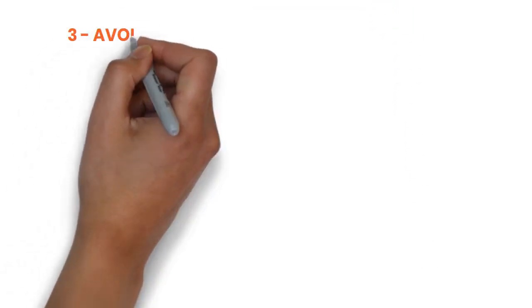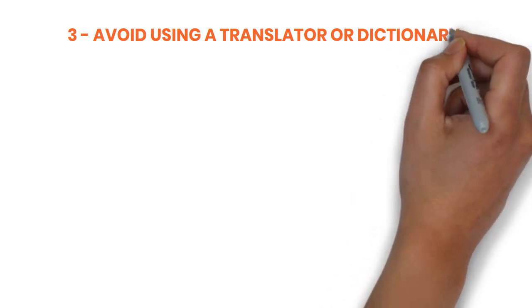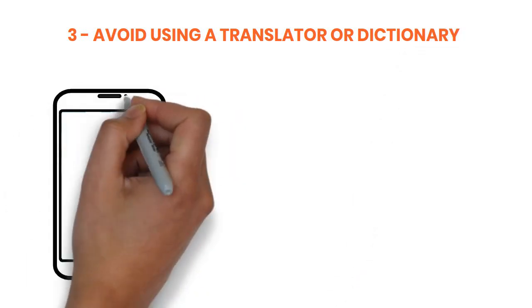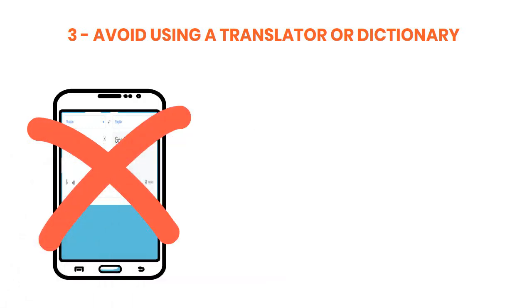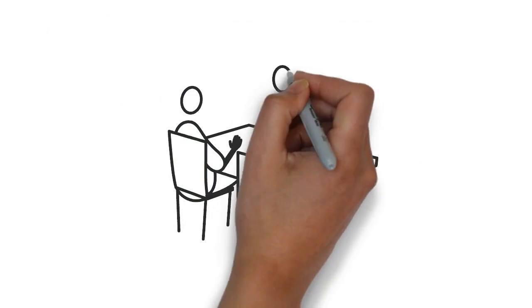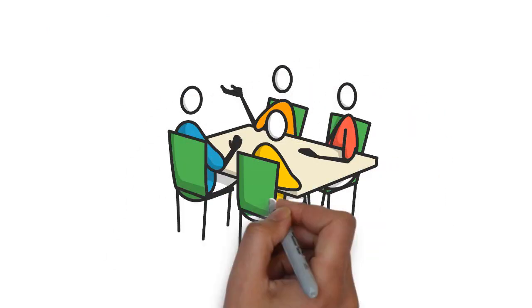Number 3. Avoid using a translator or dictionary. Now with this step, I do understand sometimes it is necessary to use either a dictionary or a translator app. However, the problem with this is that students can start to rely on them. If you're having a conversation with someone in English and you can't find the word, going to the dictionary will stop the flow of the conversation and also your confidence can be affected.